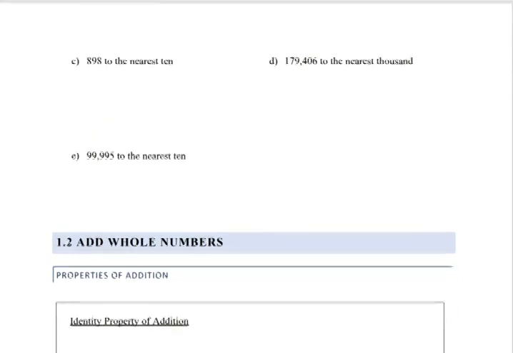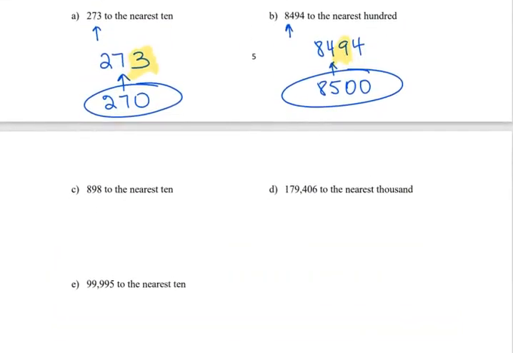Okay, we have a couple more, and then we are done with this lesson. So 898 to the nearest 10. I have 898, and this is where I'm supposed to stop. But because of the 8 next to it, I have to add one to the 9.